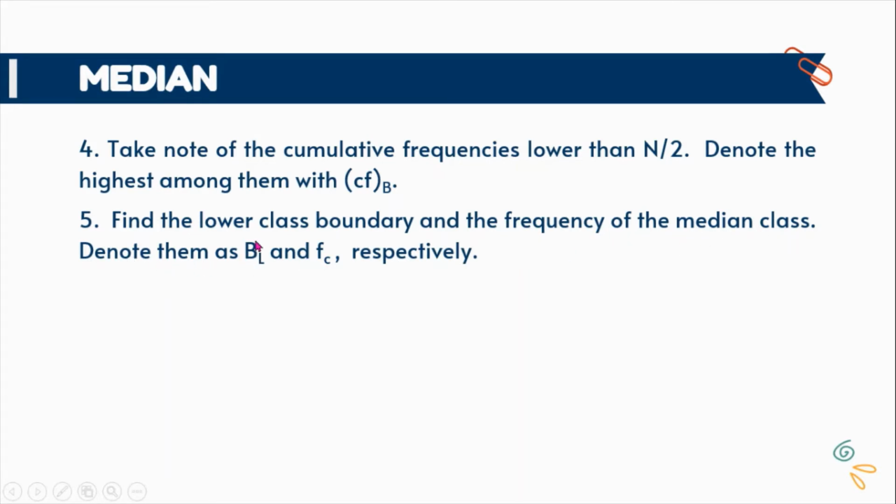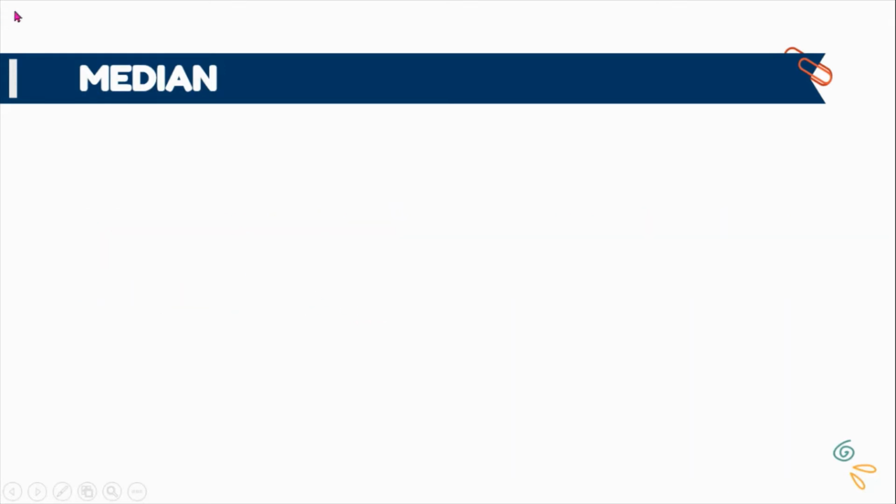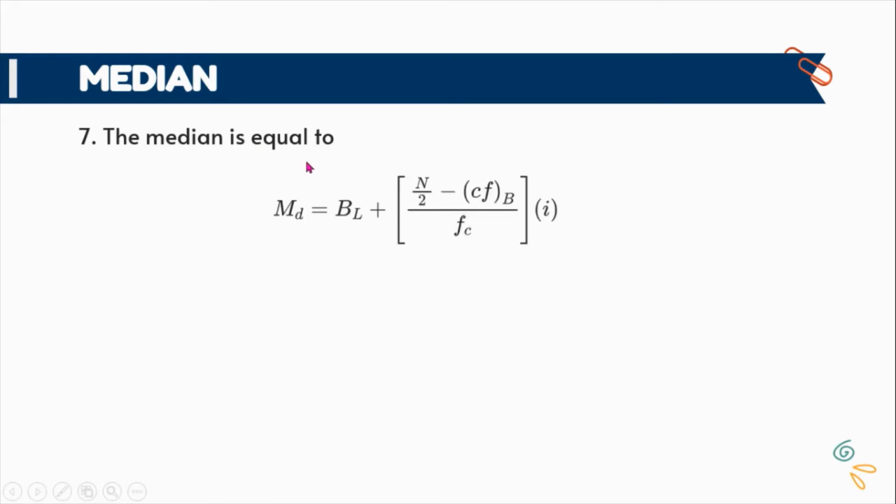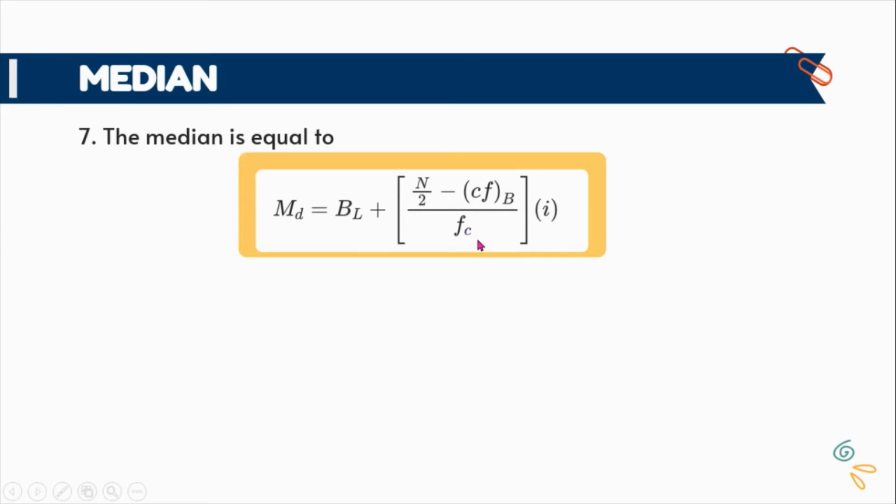Denote them as B sub L and F sub C, respectively. Number 6, determine the class size denoted by I. And finally, the median is equal to B sub L plus the quantity of n over 2 minus CF sub B, all over F sub C, times I.